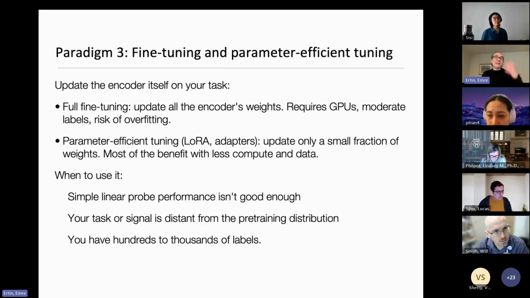And finally, if you have enough expertise and compute power, you can train the encoder itself also for the task. So you can say, they give me an encoder to start with, maybe I can fine-tune it. Of course, this would require GPUs and somewhat more labels. And we have to be careful of not overfitting to the case we are doing.